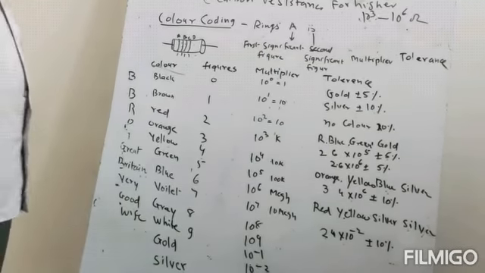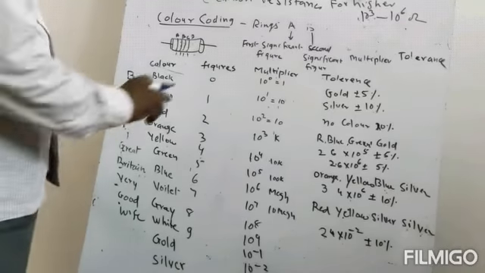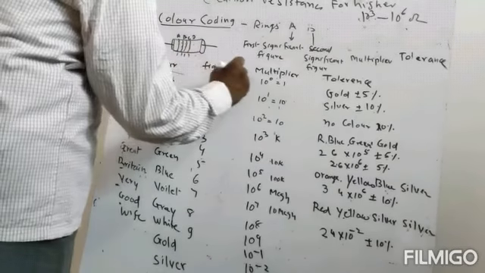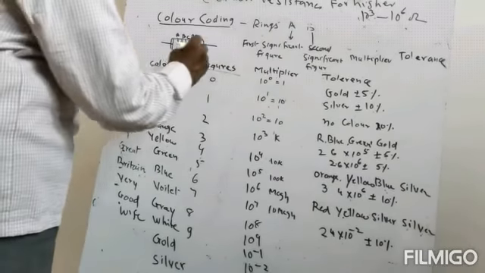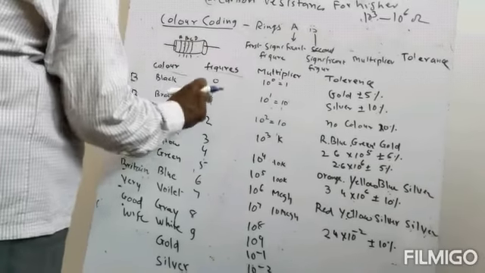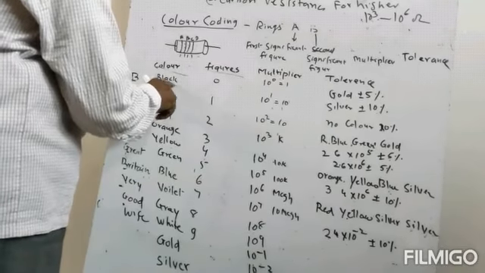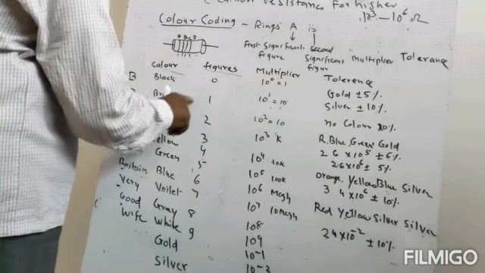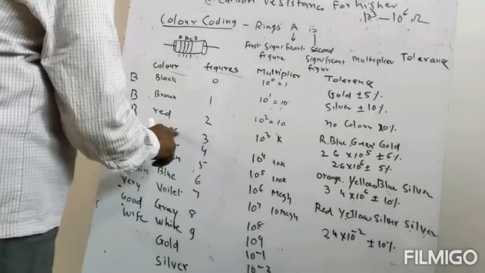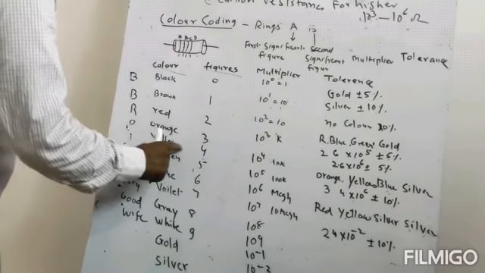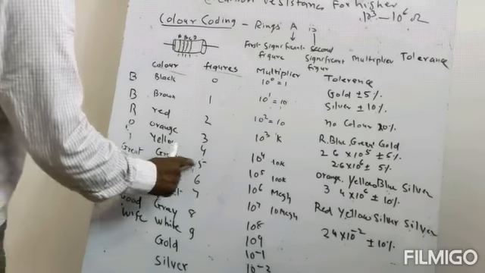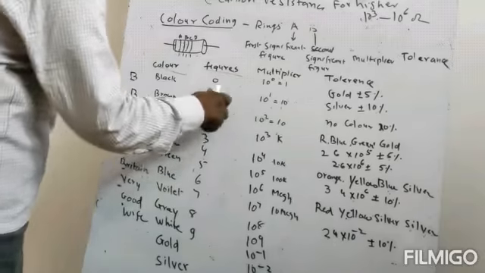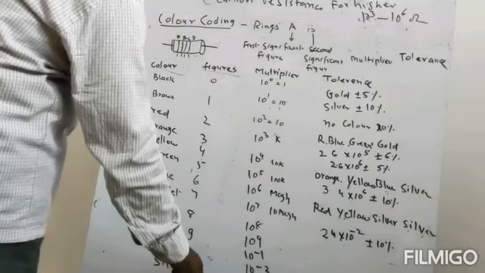So the colors will be in this order. Their significant figure or number is: for black 0, for brown 1, red 2, orange 3, yellow 4, green 5 and so on. So 0 to 9 numbers are there.